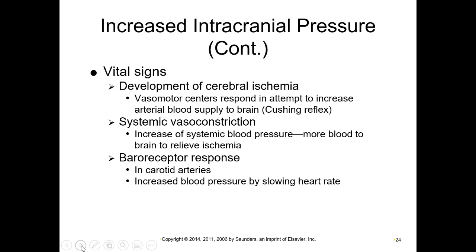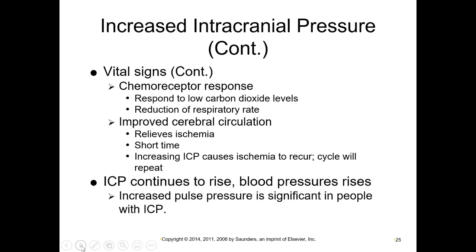Systemically, everything will vasoconstrict to give more blood to the brain. The baroreceptor responses in the carotid arteries are going to increase blood pressure by slowing the heart rate. Chemoreceptors respond to low carbon dioxide levels and reduction in the respiratory rate.